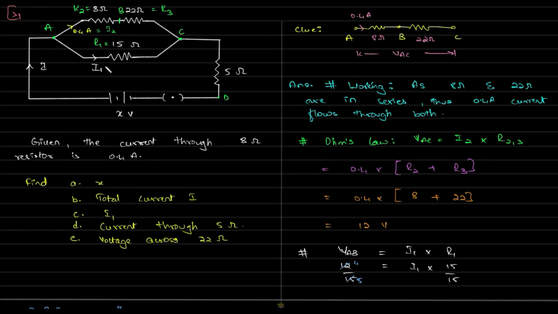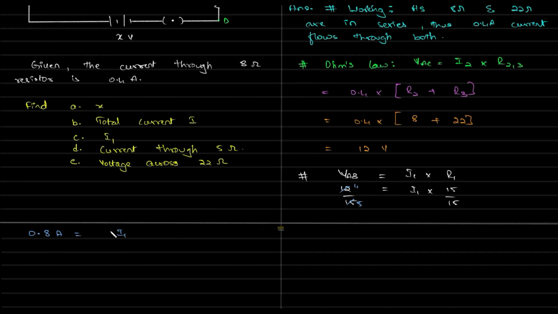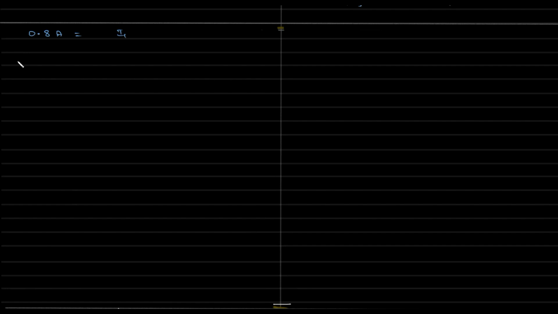So now we found I1, 0.8 ampere, and this is already known. Can we figure out I? It's not that hard. So simple. Total circuit current I is equal to I1 plus I2.